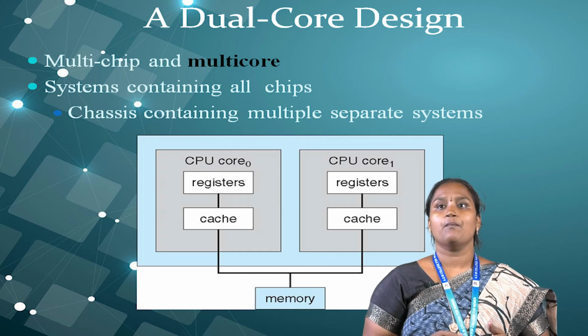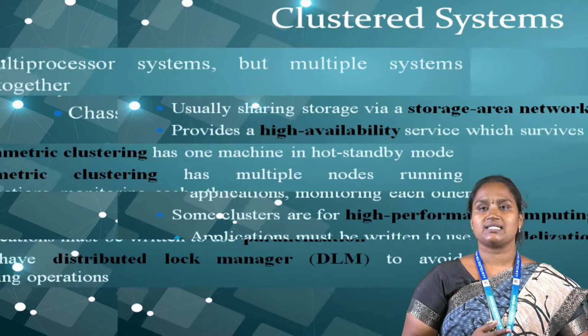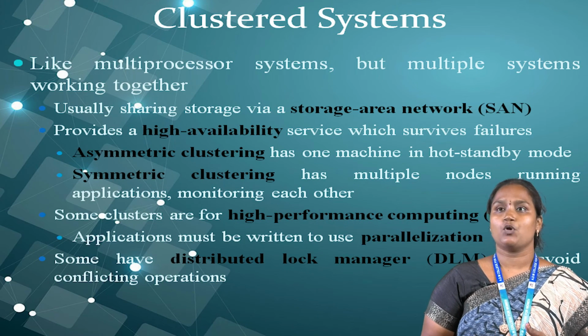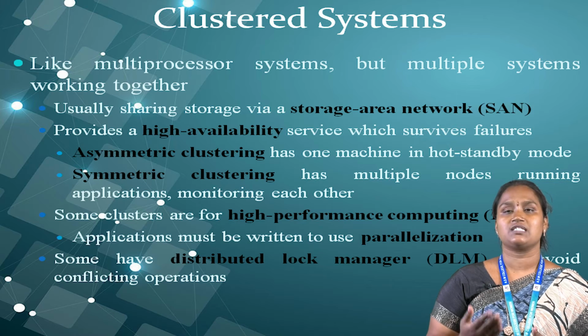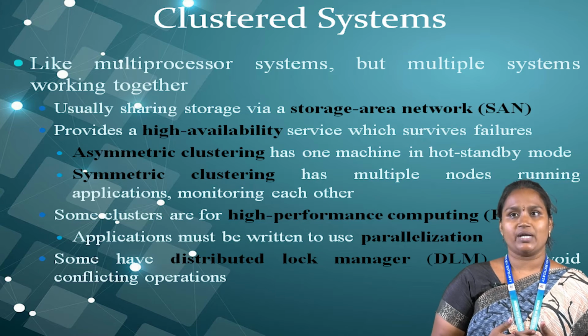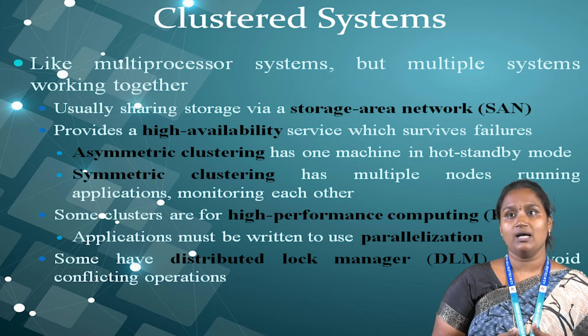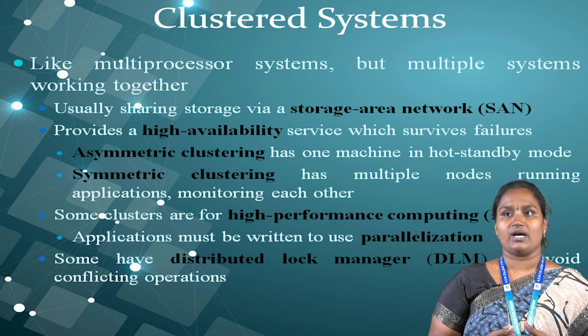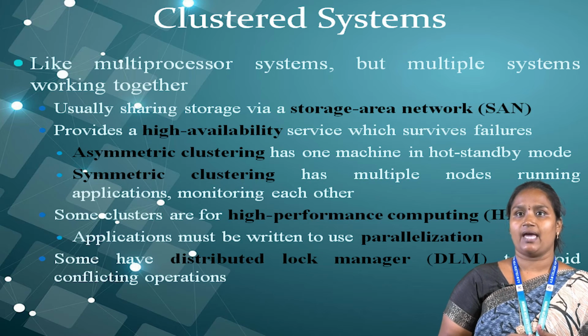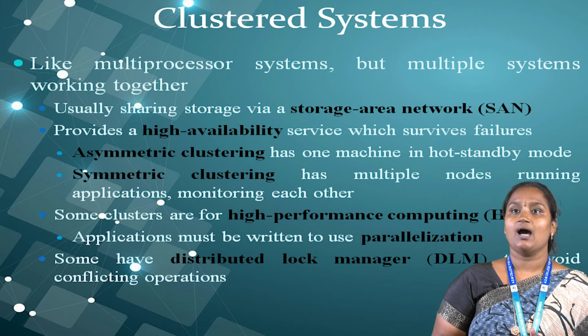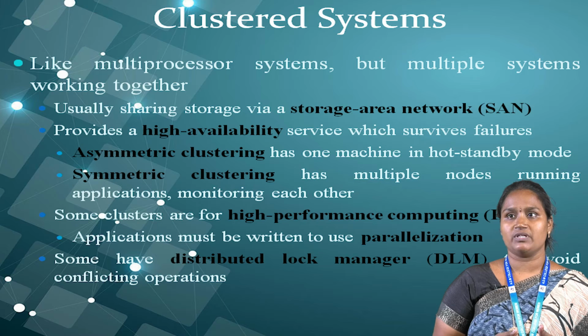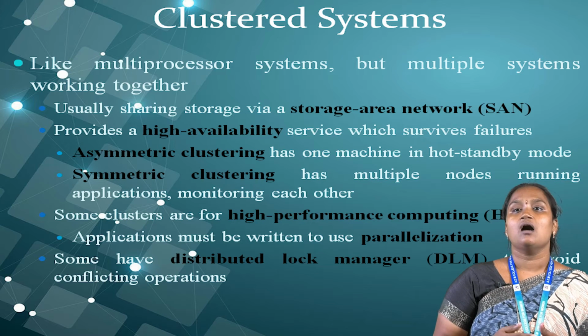A clustered system is like a multiprocessor system, but with multiple separate systems working together, usually sharing storage via a storage area network, or SAN, providing a high-availability service which survives failures.